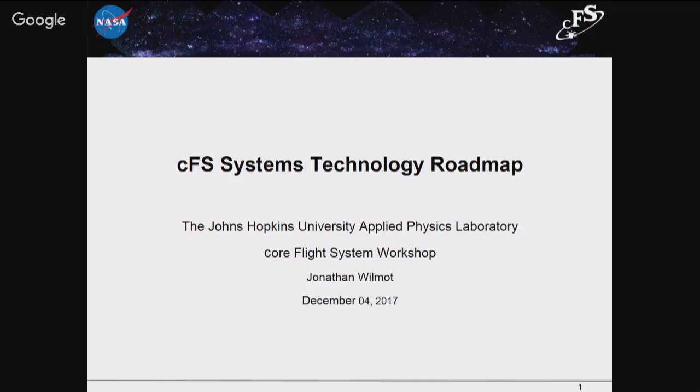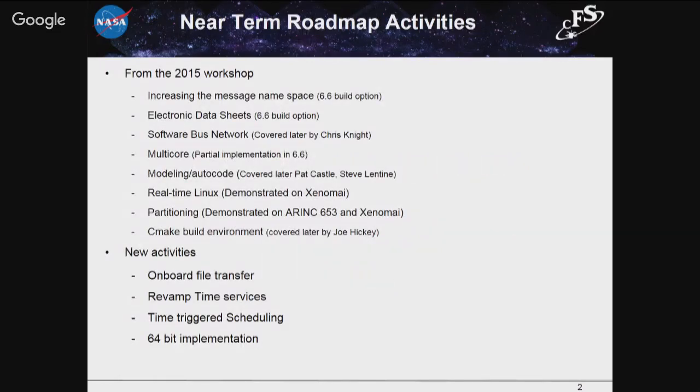So we're just going to talk about the roadmap a little bit, and we've made some progress on the roadmap from 2015. This is the original one from one of the first workshops. I'm going to talk about a few of these items, and other bits are going to be covered later today.